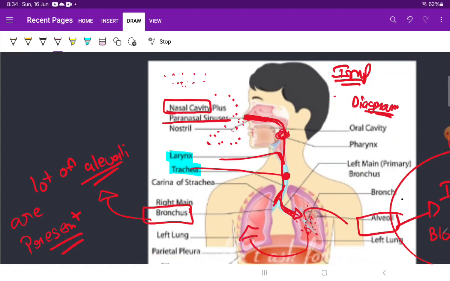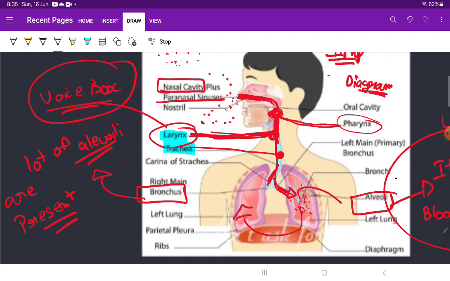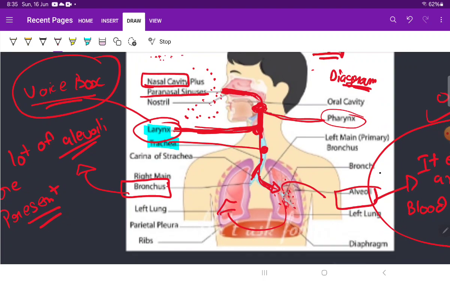Here pharynx is present over here. Okay, I have underlined also that. Then the pharynx is the common passage. Then after the pharynx, there is the larynx. Passing the larynx, it is also known as the voice box of human. Through larynx, there is a trachea, the pipe.